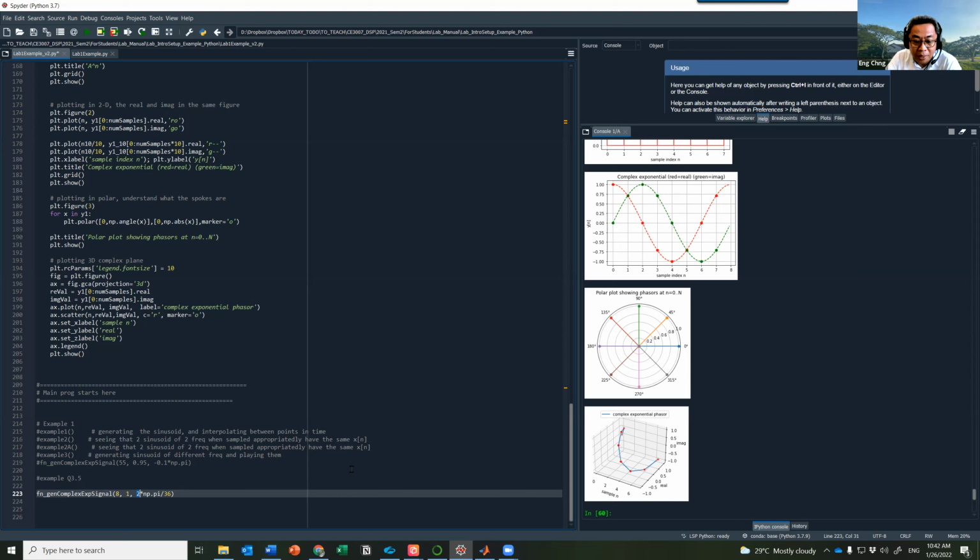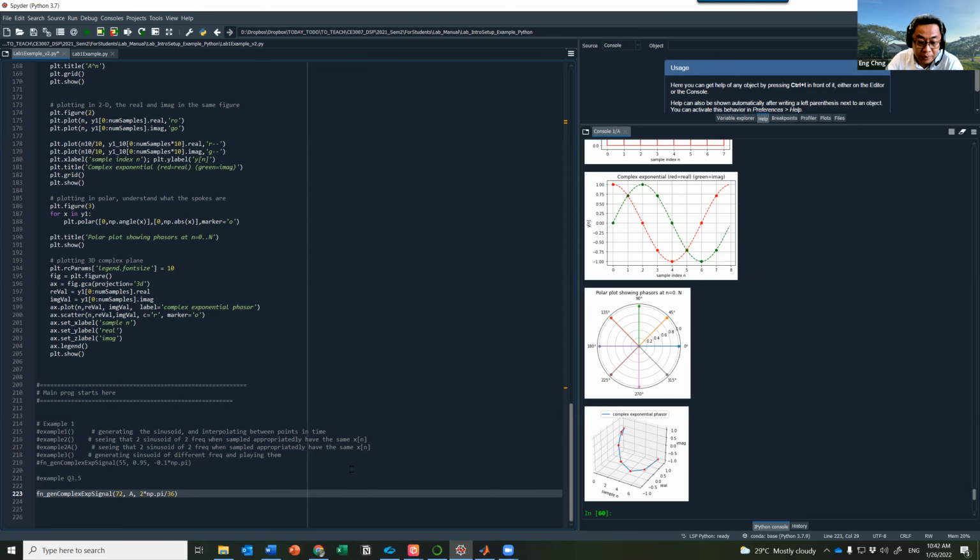So I'm sending 2 pi over 36. How many samples do I need? I guess it didn't say. Well, let's send 36 samples, or 72 samples. Okay, and the amplitude A is 0.95.